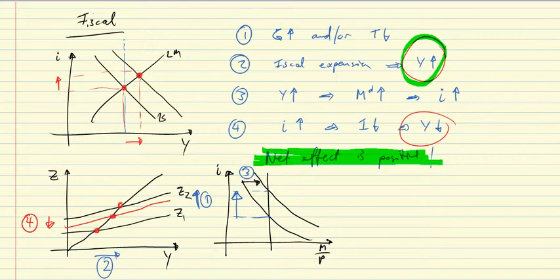So this equilibrium will be towards the left of the initial but to the right of the intermediate one, because the LM curve is upward sloping.